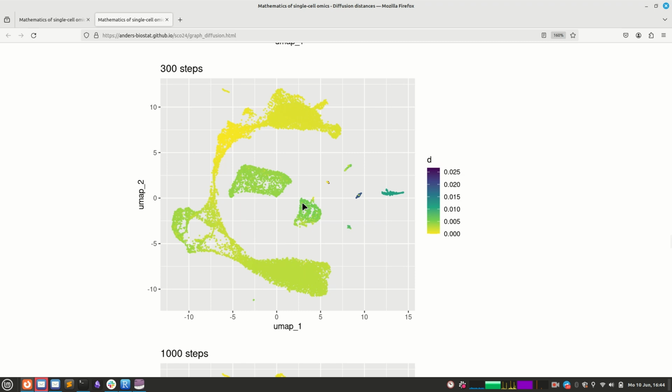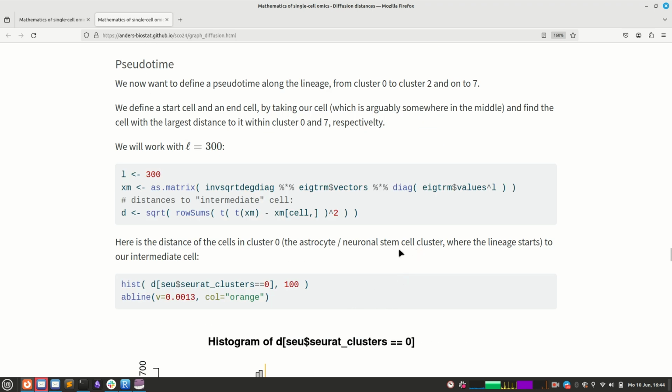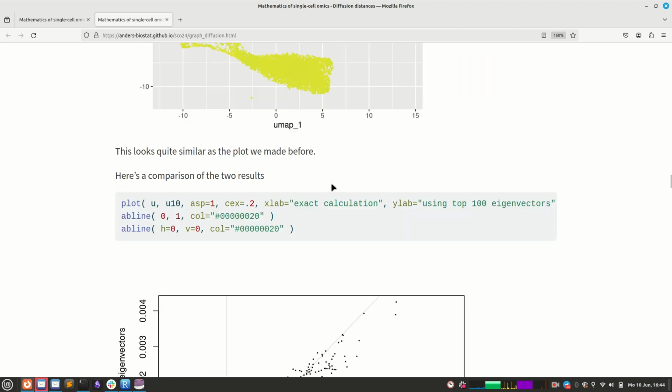So I will now use this diffusion distance with 300 transition steps in order to define a diffusion distance along this thing. So how do we do this? I again calculate this matrix X here with 300. And we go back to the matrix.